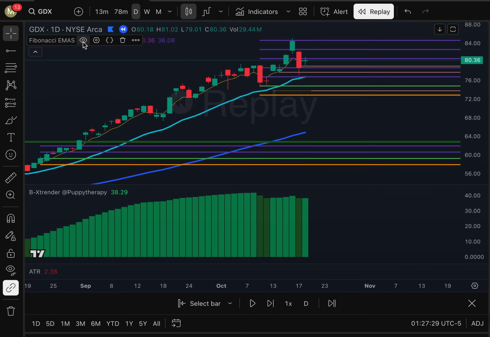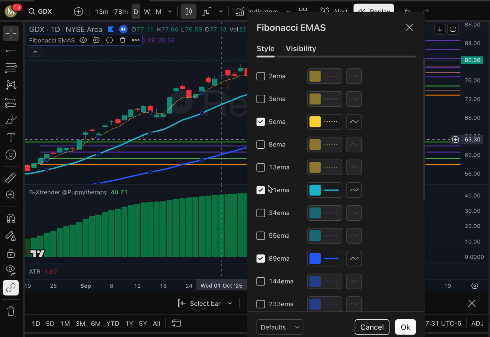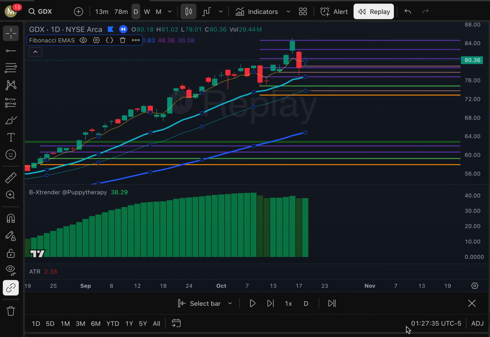I was even willing to give it a little bit of wiggle room because I am using stop loss orders. I said, if it closes below the 21, then I'm going to exit, but I'll give it some wiggle room down to the 34 EMA, which is where I set my stop.